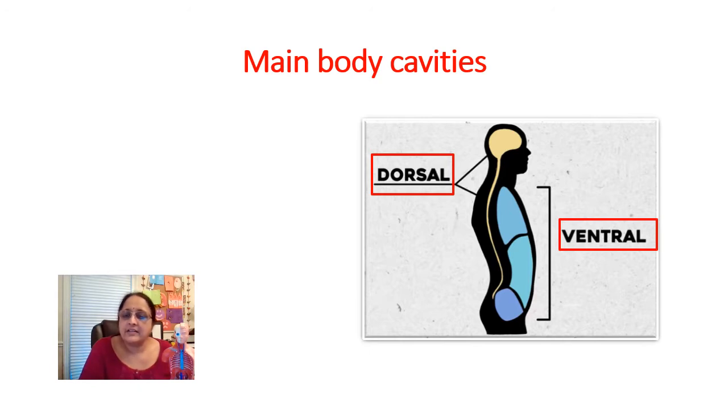These are spaces inside the body that enclose all the body organs and their associated structures. In a way, they protect delicate organs such as the brain and heart. At the same time, they allow organs to change their shape and size during their functioning, such as lungs, stomach, and bladder.